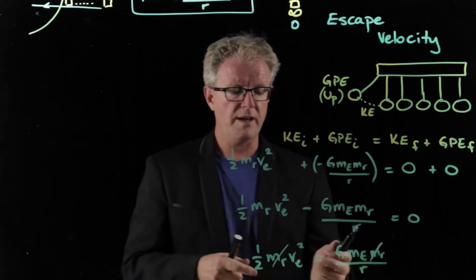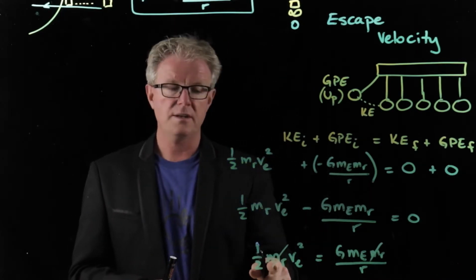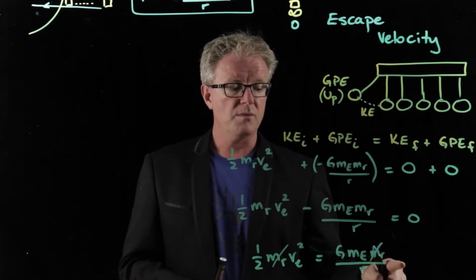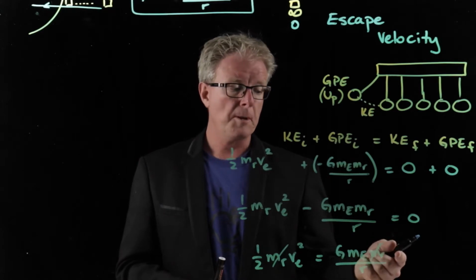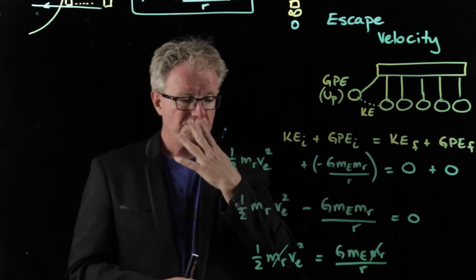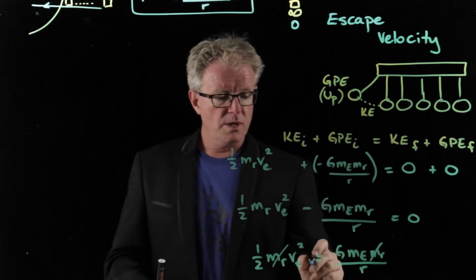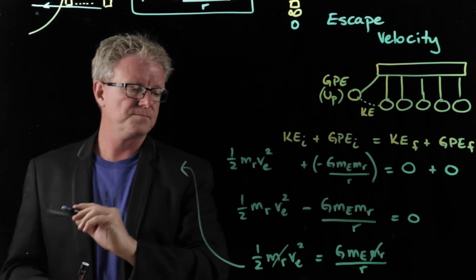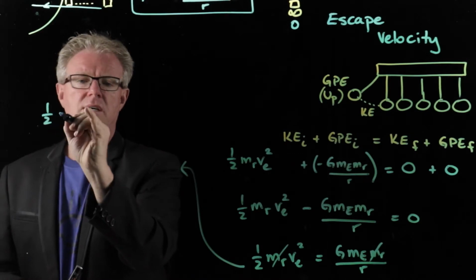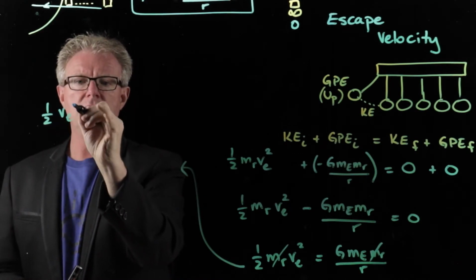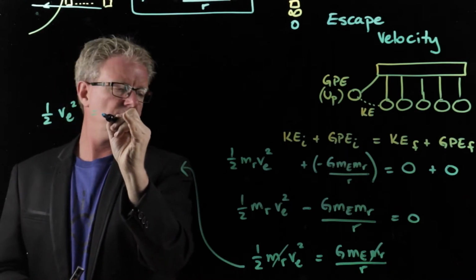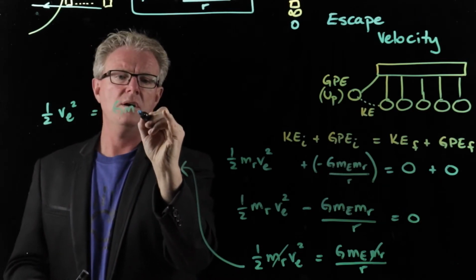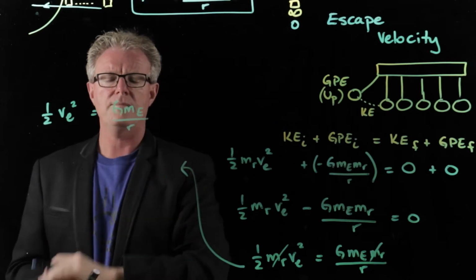A little bit of algebra there, but if we divide this side by the mass of the rocket, and that side, which is the same as multiplying by the reciprocal, and so they cancel. So we then have a half escape velocity squared equals G M of the Earth over r.